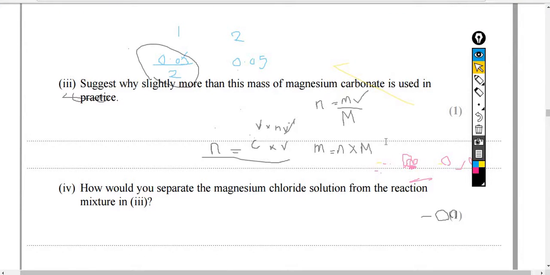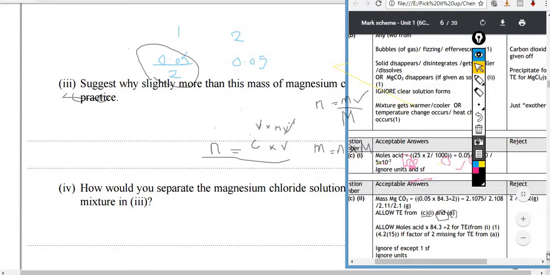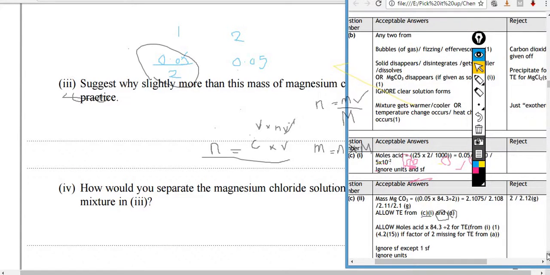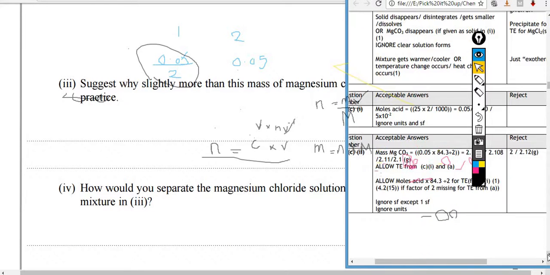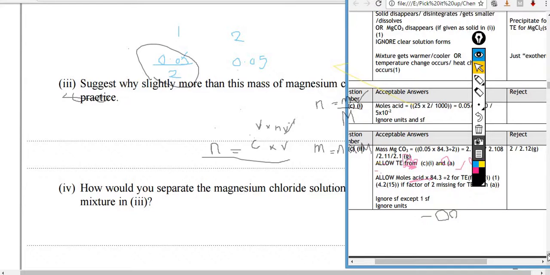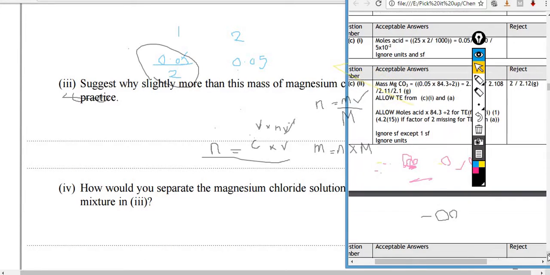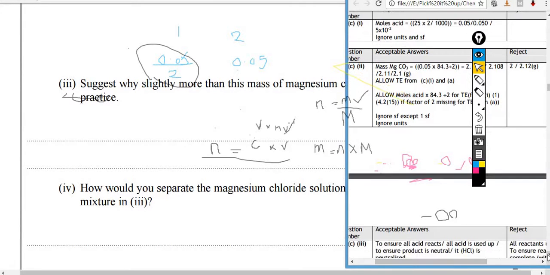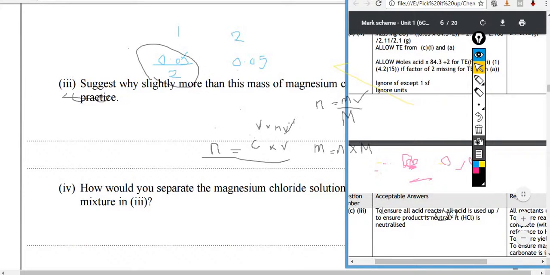Suggest why slightly more than this mass of magnesium carbonate is used. Why would you normally in practicality use a little bit more than this? For example, maybe the magnesium carbonate is not exactly pure and you have impurities, so to make up for that you need a little bit more. And also the best answer would be this, to ensure that all acid reacts.